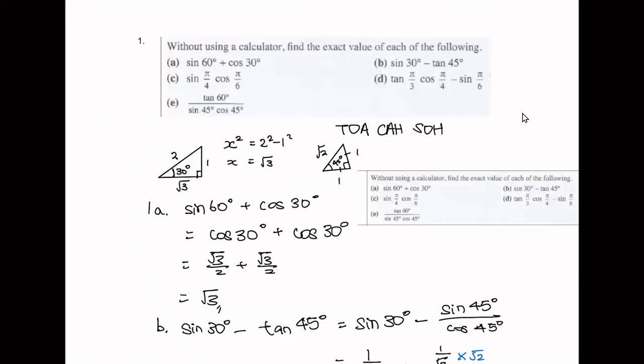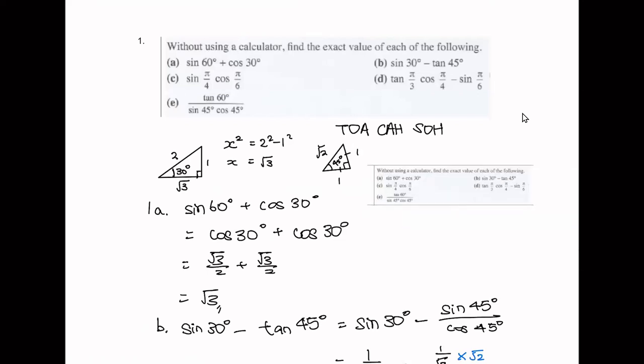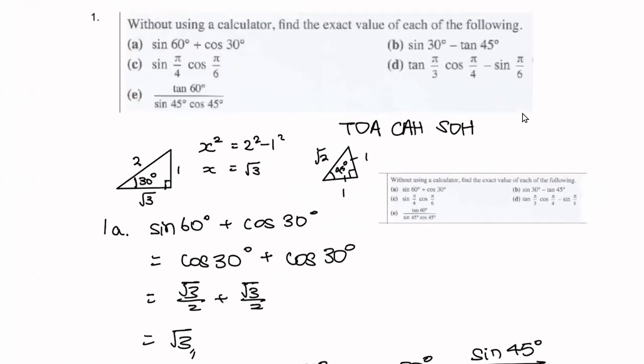Do you still recall sine rule and cosine rule? Do I get the formula sheet? I am not sure. I don't know, I just memorized it. You're talking about AMC exams, right?